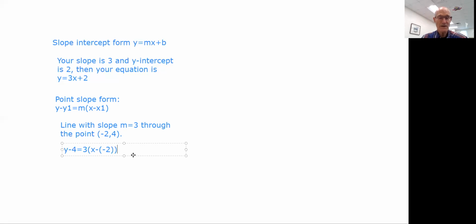So y equals 3 times x plus 2, which is 3x plus 6. And you bring the minus 4 across, so that's plus another 4. So your final equation is 3x plus 10.